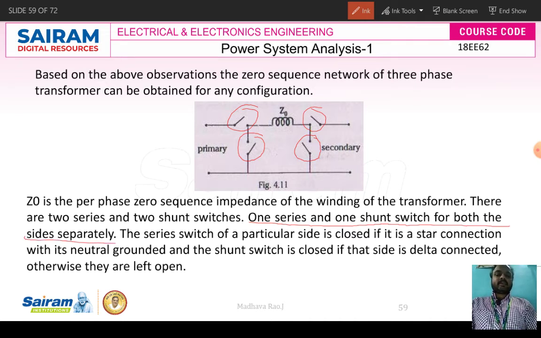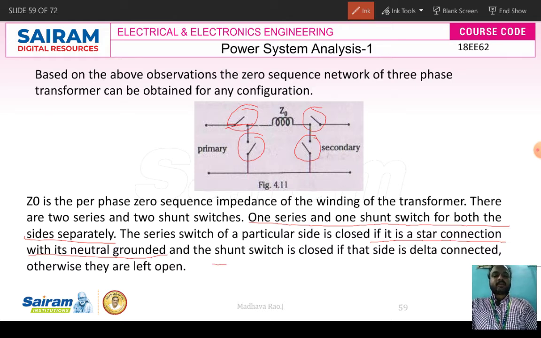One series switch and one shunt switch are for the primary winding, and one series switch and one shunt switch are for the secondary winding. The series switch of the particular side is closed if it is a star connection with neutral grounded.